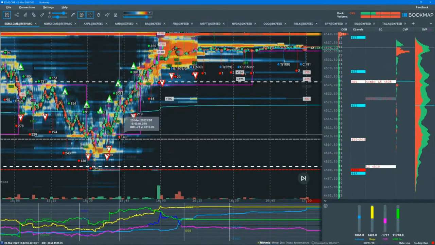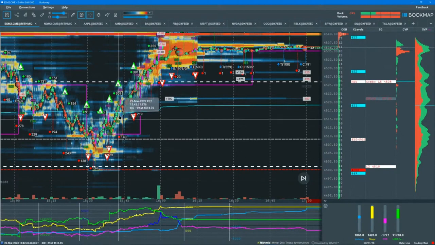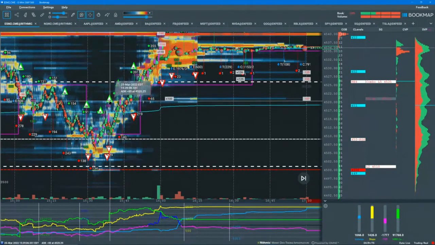And it looks like there was a large block trade right here in this straight vertical line, and you can see the corresponding trade for 47K right there.